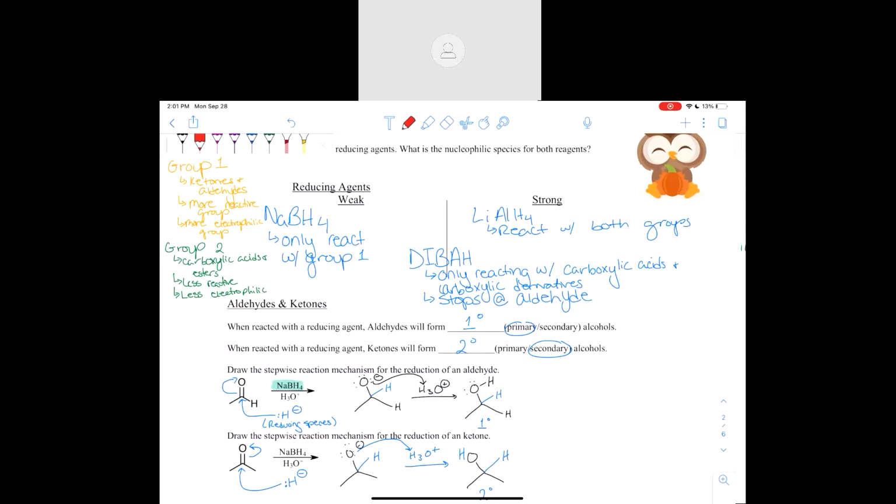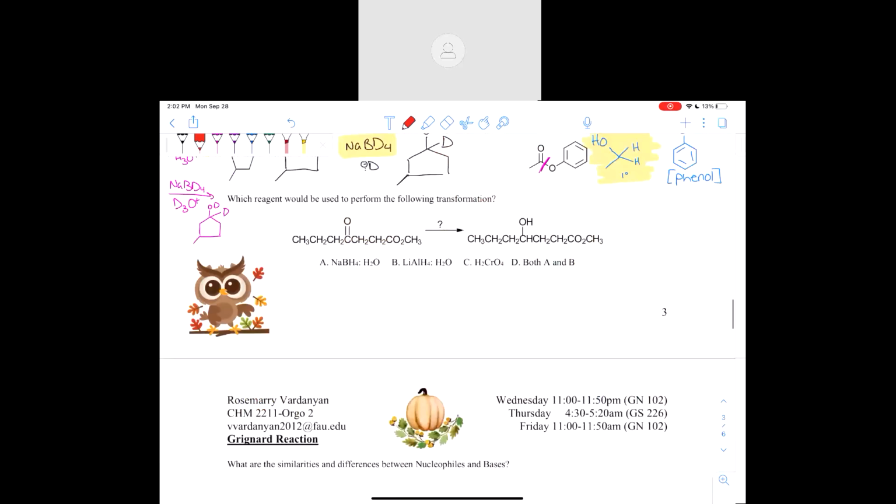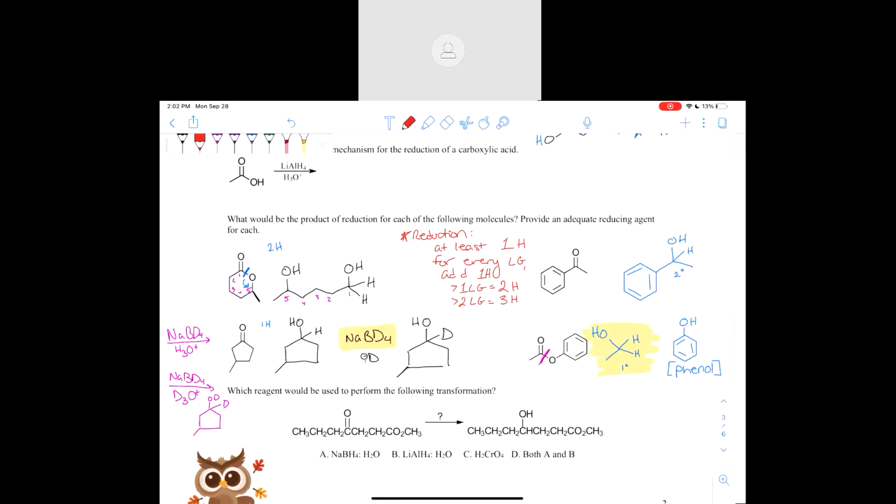Actually, repeat really quick just what you said, the carbons for leaving groups. I don't remember if you said between 2 carbons. Wait, were you talking about this for the leaving group? Yeah.